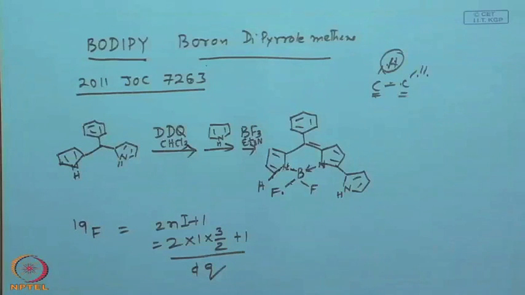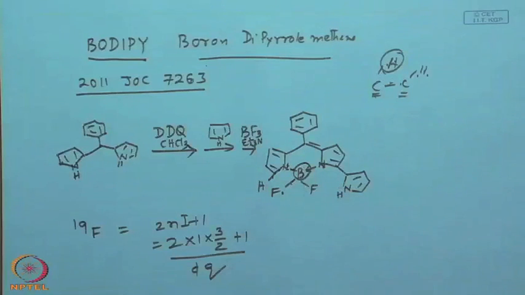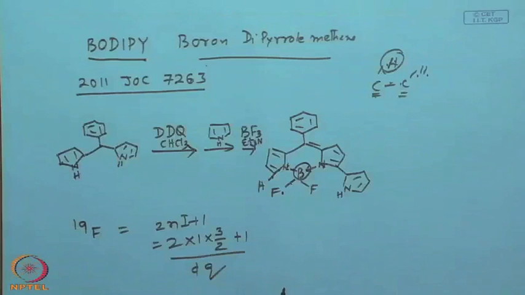Okay. So, likewise, what should be the splitting pattern of the boron then? Boron. So, you have to think about this. For fluorine the population is very high. So, that is why you could see the hydrogen coupling also, but in the case of boron the population is not that high, so boron should be split by only fluorine.